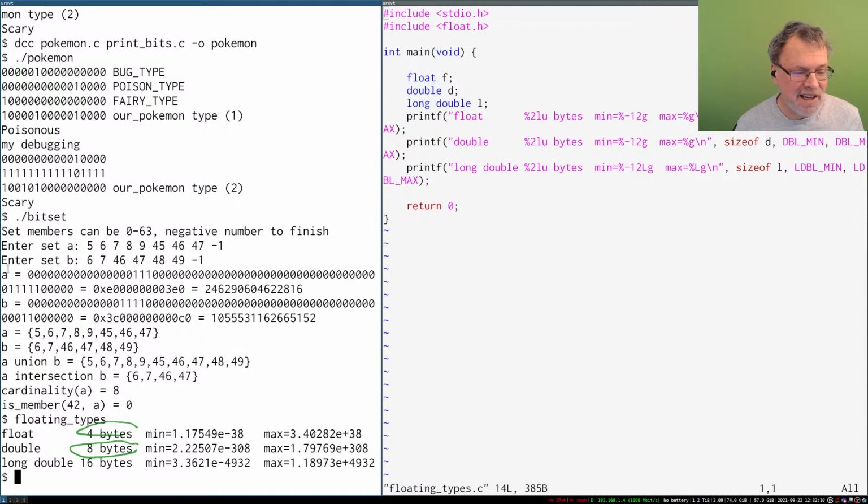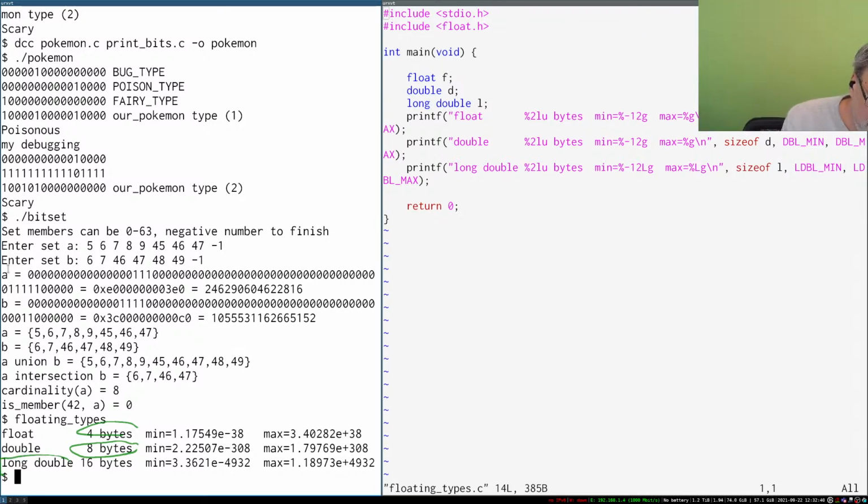But what you can't count on is having them at all. It's possible you'll finish up on a tiny little processor that doesn't have floating point arithmetic at all. So you can't count on floating point arithmetic, but if you've got them, they'll probably provide floats that are 4 bytes and doubles that are 8 bytes. We'll talk about why shortly, but there's a nice universality there.